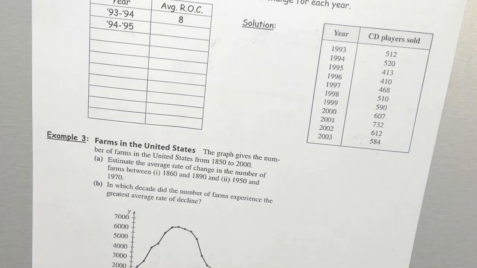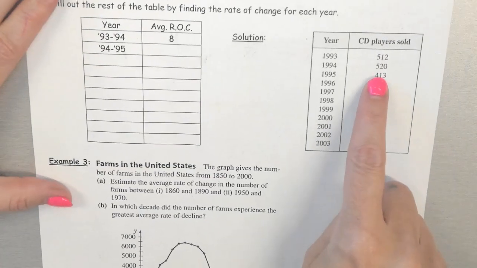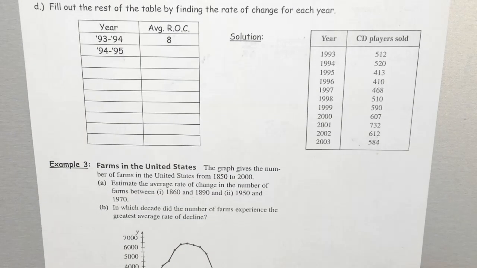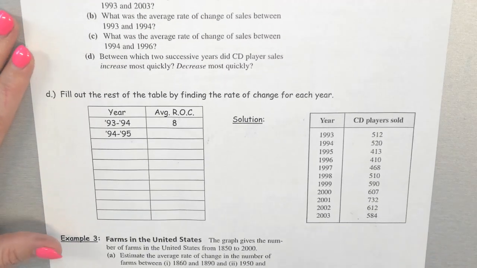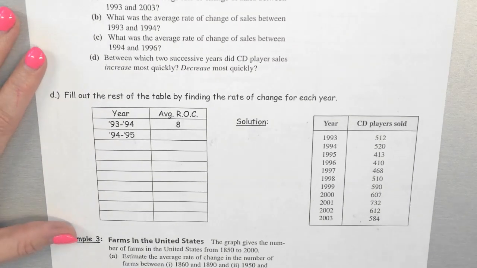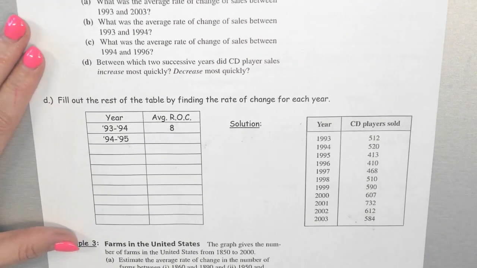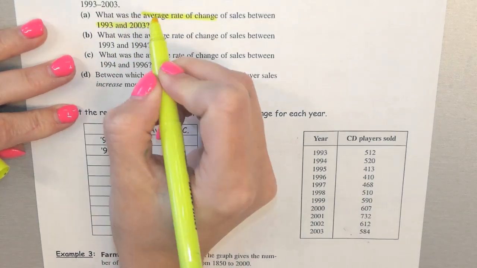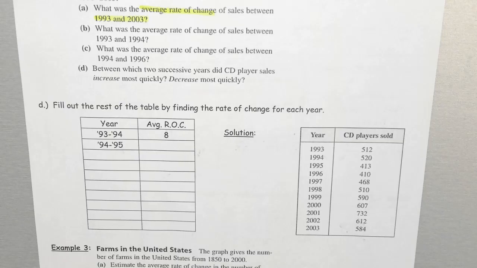So the table, which is here, shows the number of CD players sold in a small electronics store in the years 1993 to 2003. What was the average rate of change of sales between 93 and 03? So just like we've been doing before, we can think of these as points.